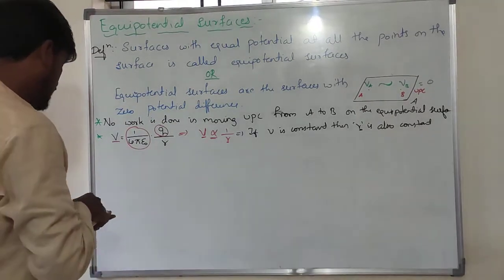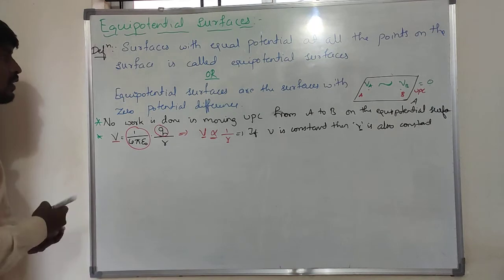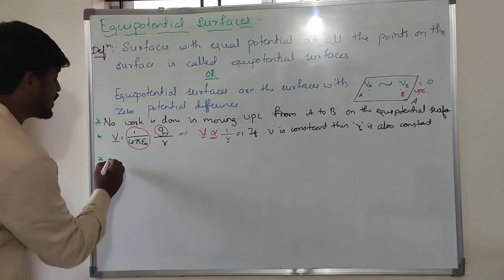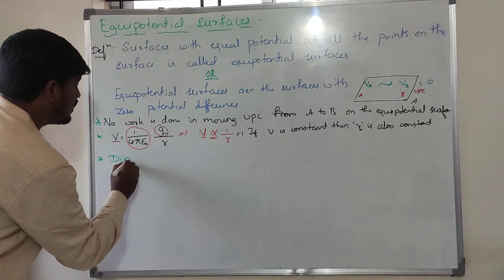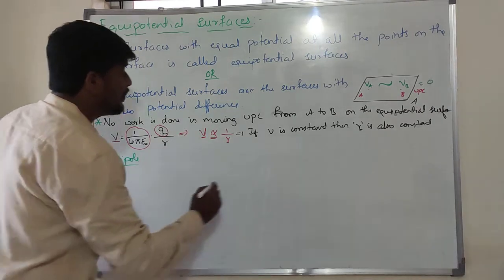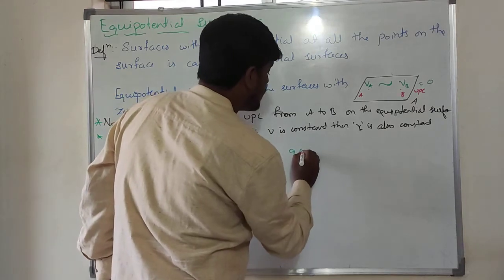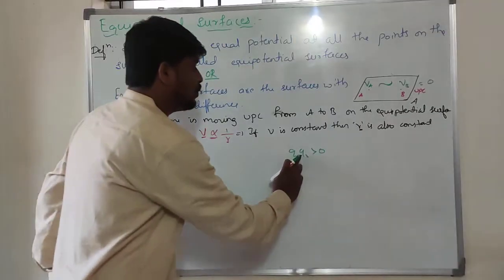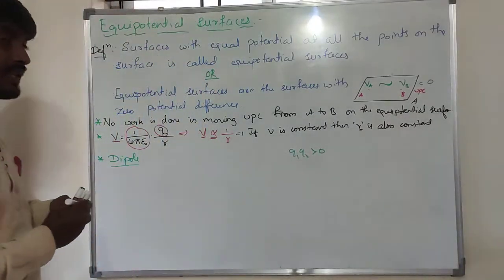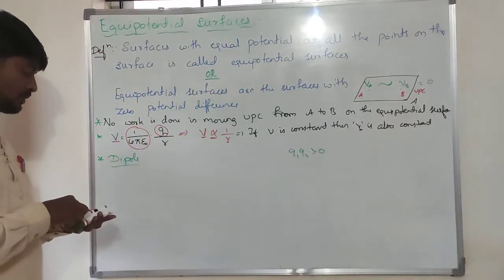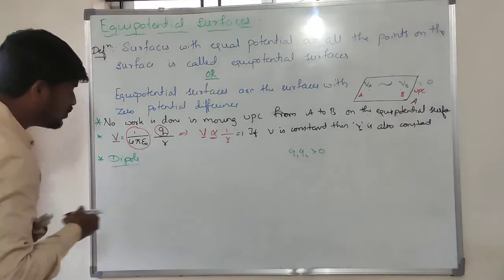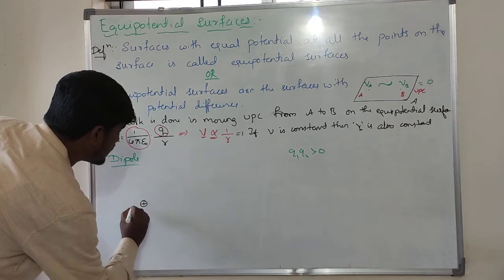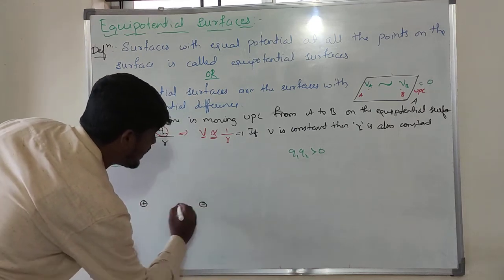Next, suppose I want to draw the nature of equipotential surfaces for a dipole, and another case where Q1, Q2 are greater than 0, that means like charges. This is asked in the examination, so you should be very careful about this. Let me consider a dipole, a positive charge and a negative charge. This is the positive charge, this is the negative charge.